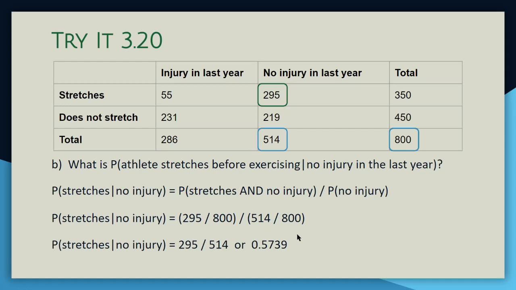Just like the examples we saw in a previous video, with conditional probabilities, the top of that fraction comes from the stretches and no injury box, the box the two have in common, and the bottom just becomes the total no injury, which is the 514. So you can bypass that double fraction by recognizing that we're pulling stretches and no injury directly from the no injury total instead of from the whole population.